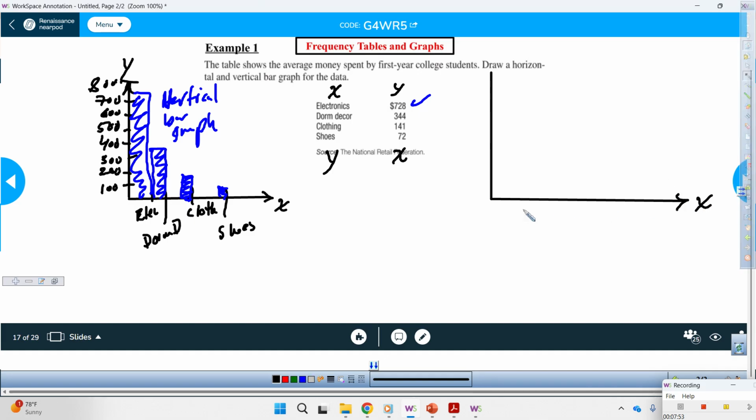So now the x is by hundreds. And over here we label our stuff. We got electronics.